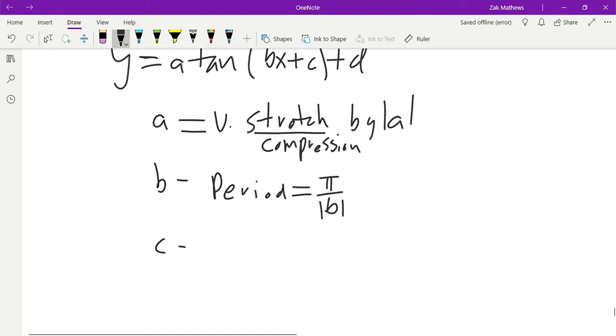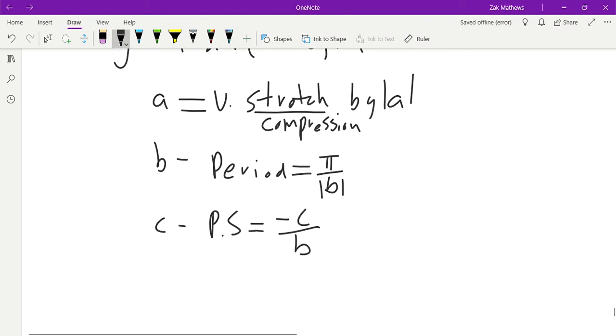The c still relates to a phase shift. That phase shift terminology has not changed. The phase shift will be negative c over b, exactly the same as it was for sine and cosine. That doesn't change one bit. And the vertical shift is going to be exactly the same. We're going to have a vertical shift given to us by the d, either up or down.